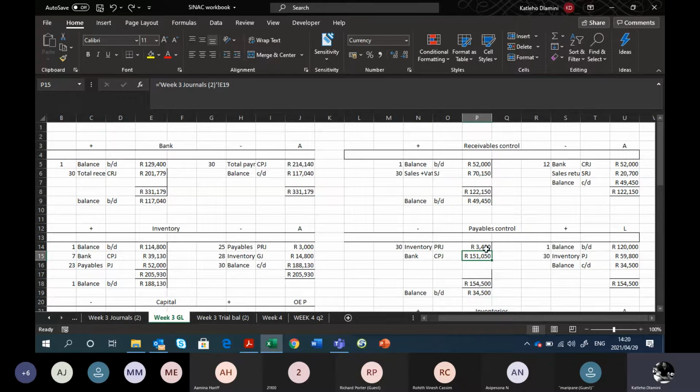And what will happen in this regard, I'm just going to make sure with my own calculator that these are the right amounts. 179. There is no way. Minus 151,050. I know Excel is telling me the amounts are bigger than the other, but they are not.